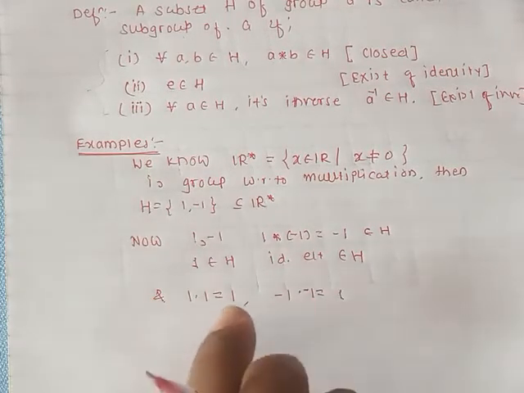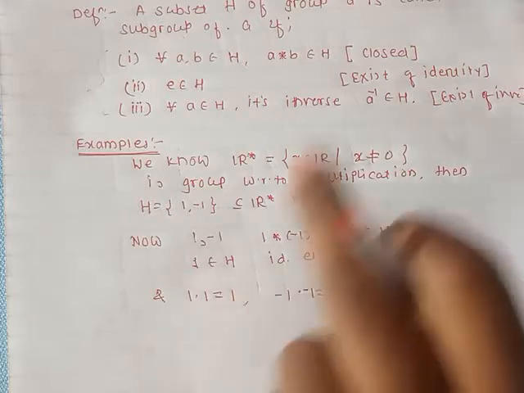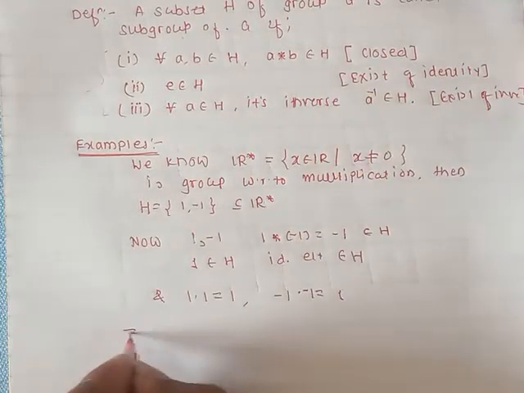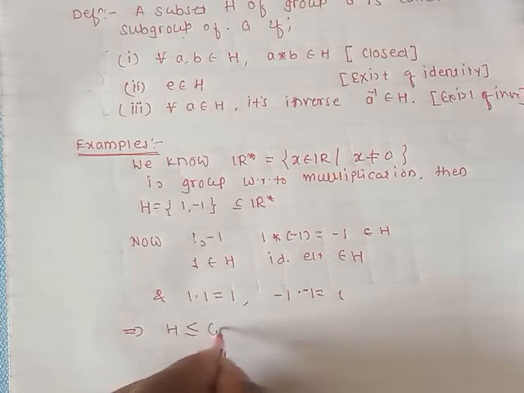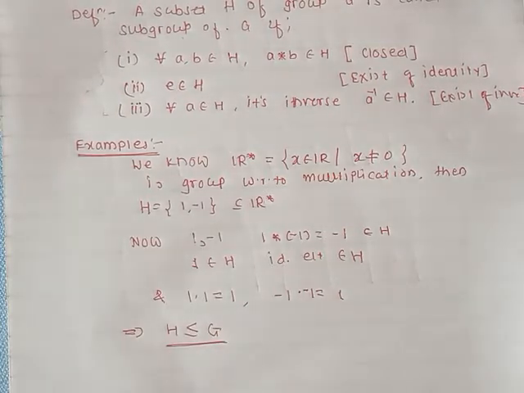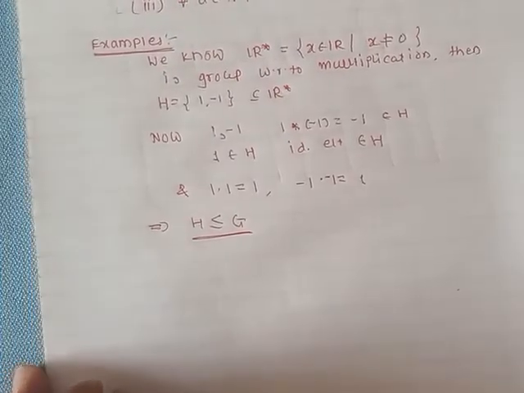So each and every element is self inverse, so inverse also exists. This implies that H is a subgroup of group G. This is the notation for subgroup.